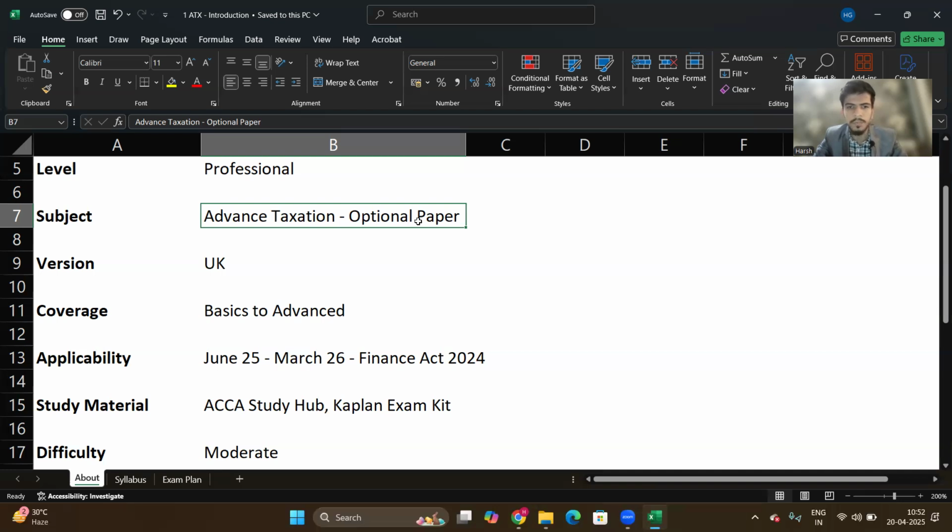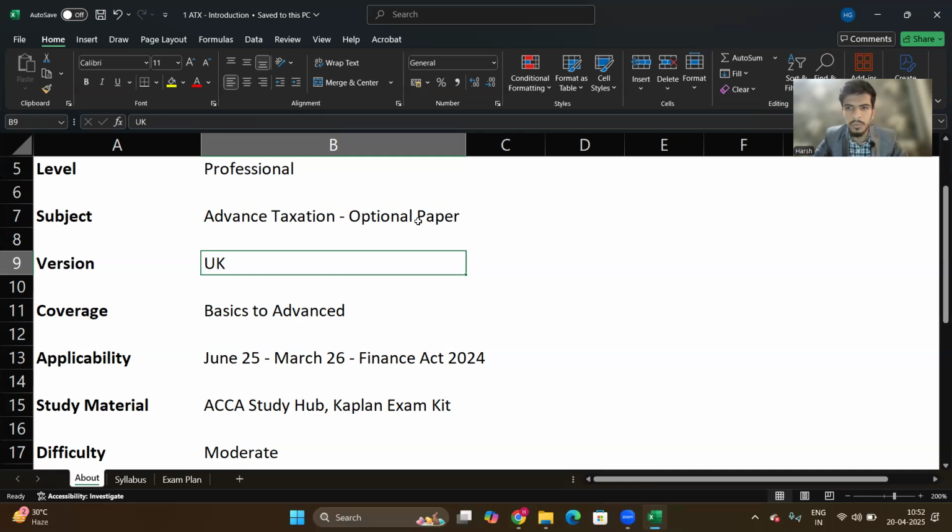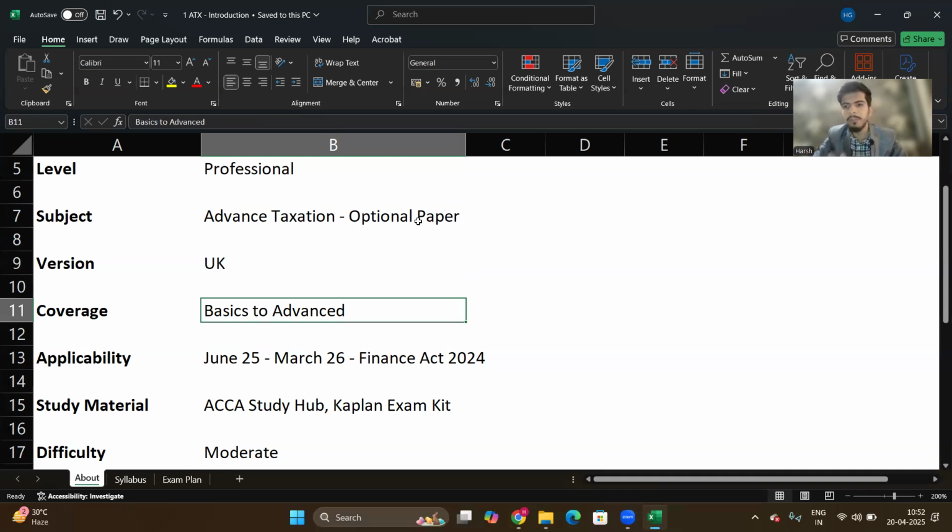So the version is the UK version. We are going to cover the syllabus for ATX UK version. Many students have this problem that they have got six exemptions or nine exemptions, so they might face difficulty while we are teaching the advanced taxation paper.